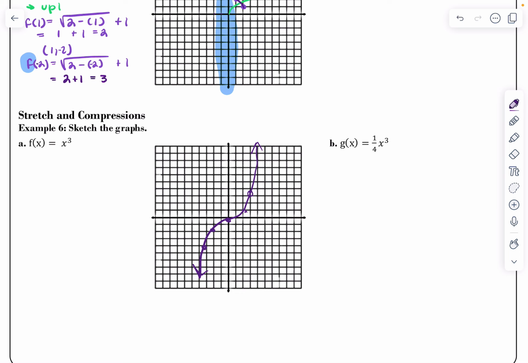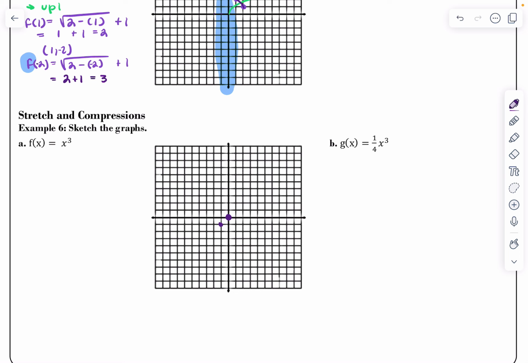I know I roughly sketched it, but let's go ahead and plot true points on that. I'm going to erase that. Oop, my eraser went away. Hold on. Okay. So the origin for a cube root is 0, 0. And then let's just pick 1, 1's always the easiest one. So if I have -1 cubed, that's going to be -1.